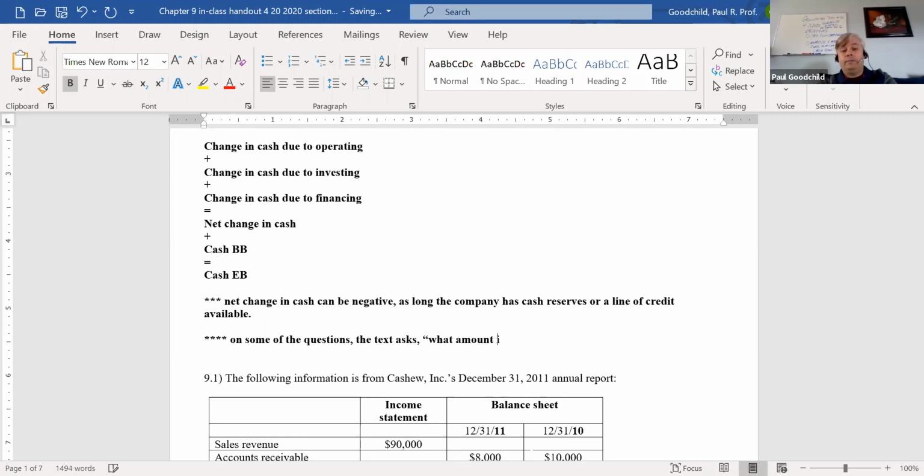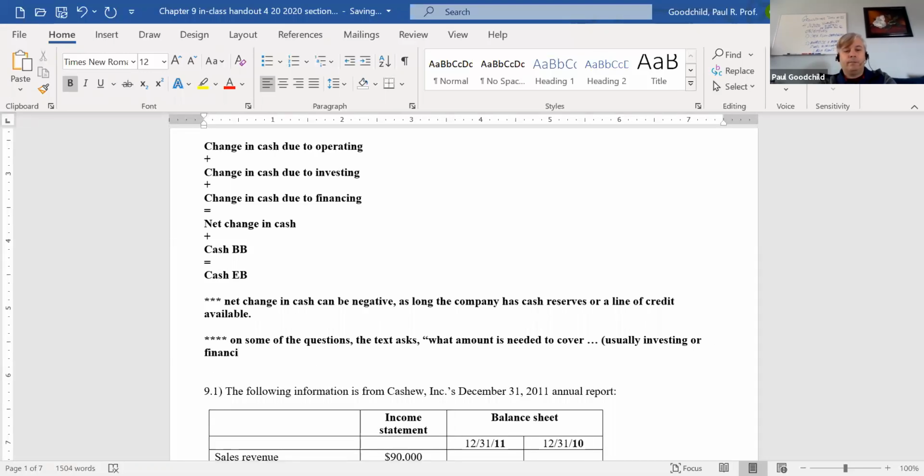On some of the questions, the text asks what amount is needed to cover, and usually that's investing or financing activities.